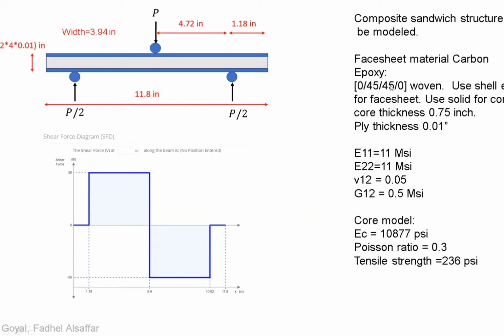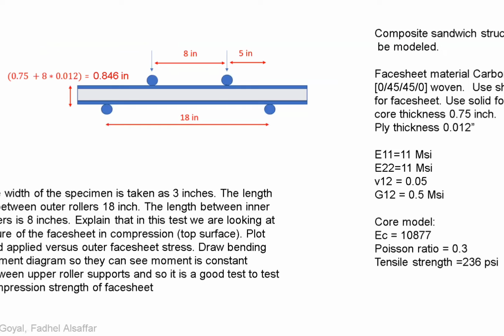Then you have another ply at -45, and then finally a 0-degree ply. It's a woven composite, which means I have an equal number of fibers in the X direction and the Y direction. And I'll have Fadhel go over the discussion of how the modeling was done.